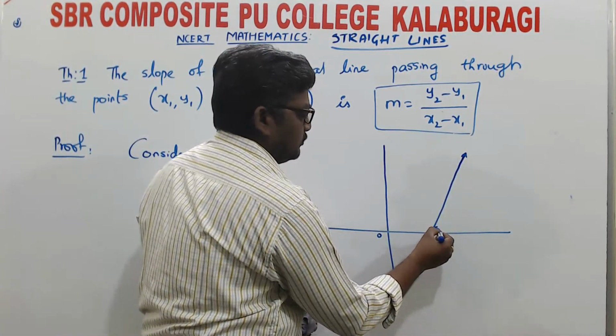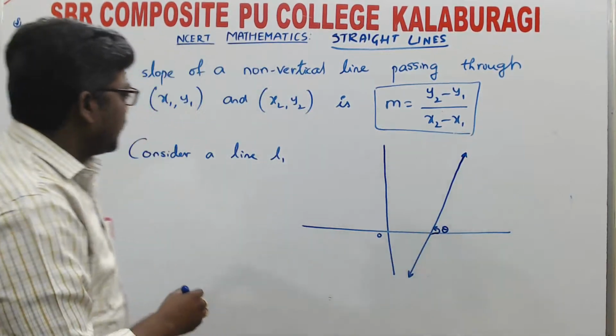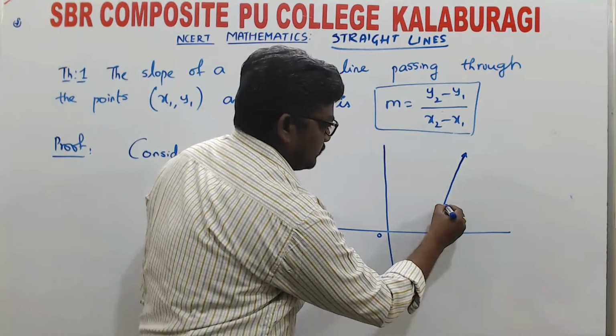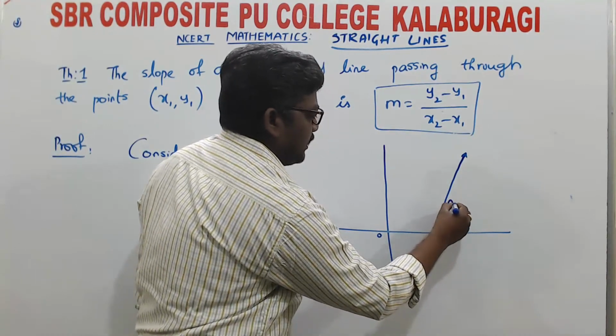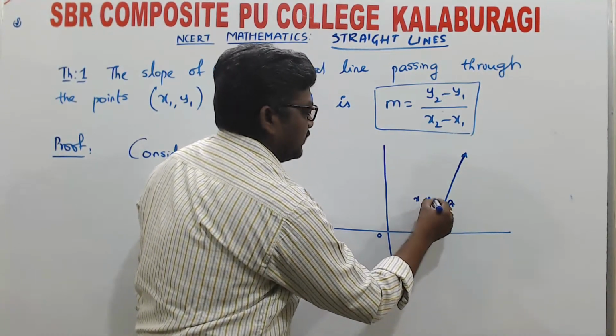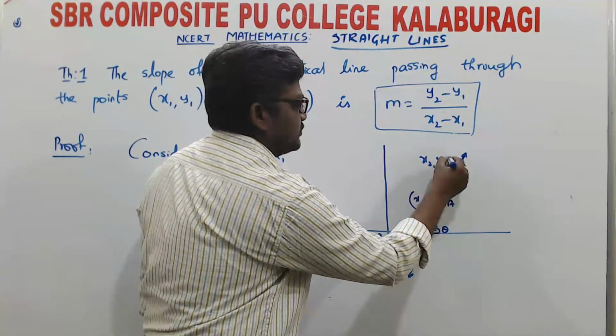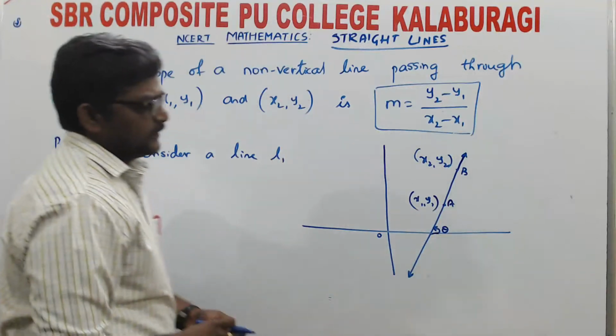With inclination theta. On this we are having how many points? 2 points. This, we name it as A, x1 comma y1. Next point we will name it as B, x2 comma y2.